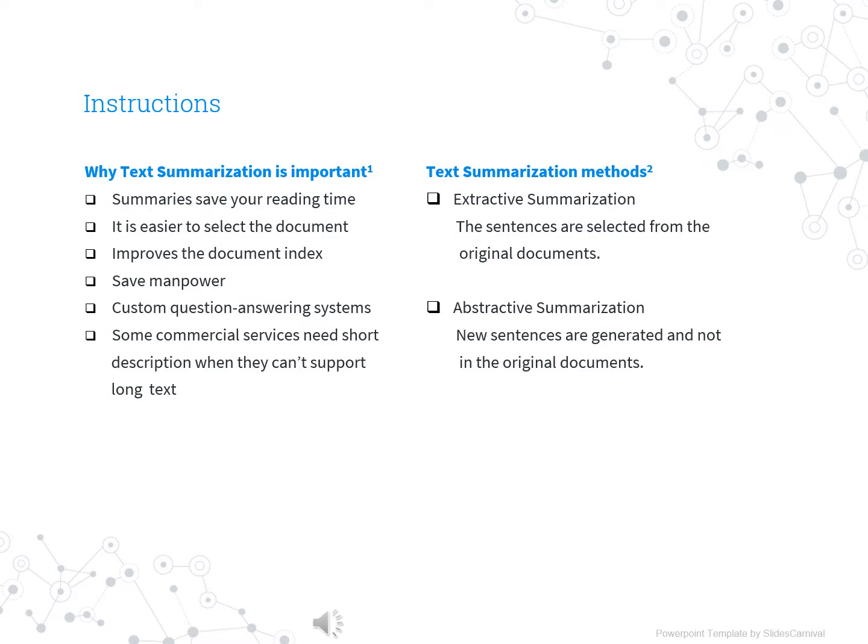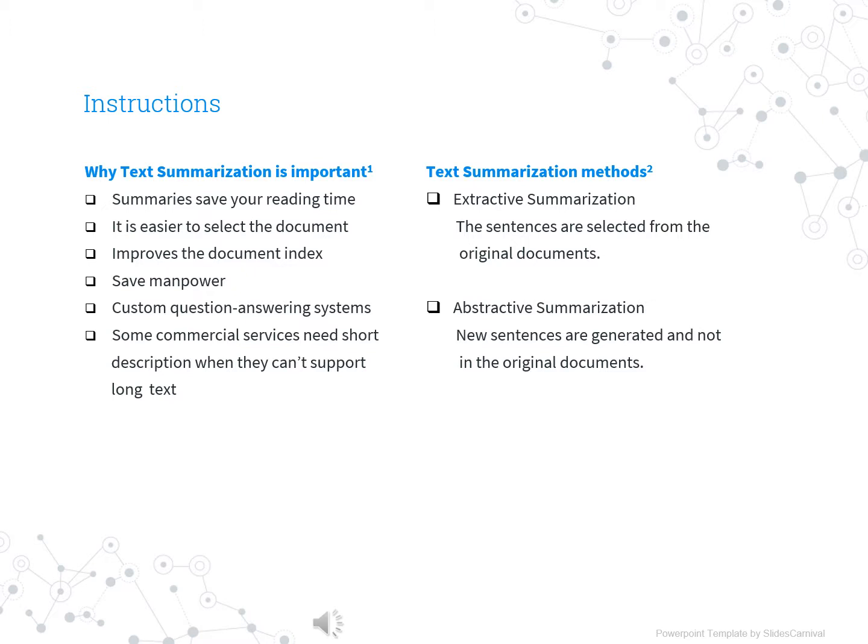Summaries improve the document index. Readers find documents more easily, and it also saves manpower to create summaries if using automatic text summarization. Text summarization will help customize question answering systems.